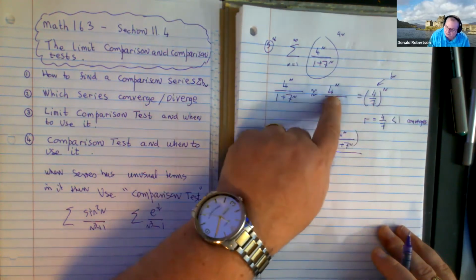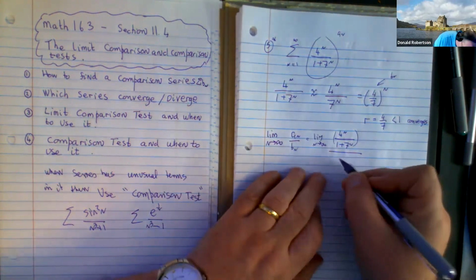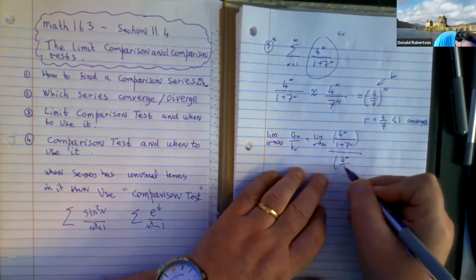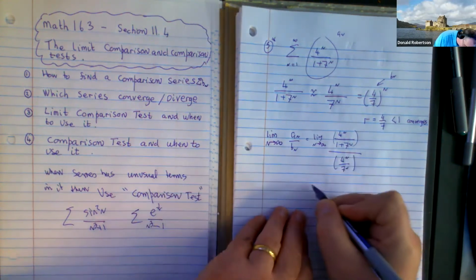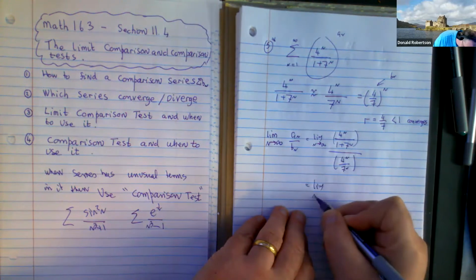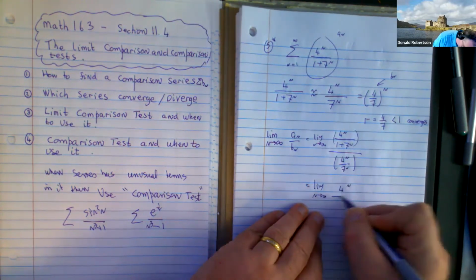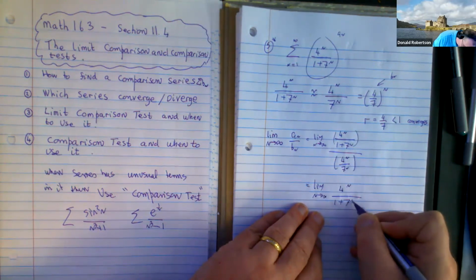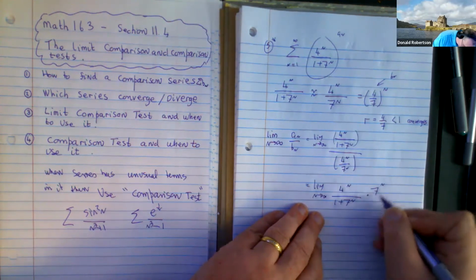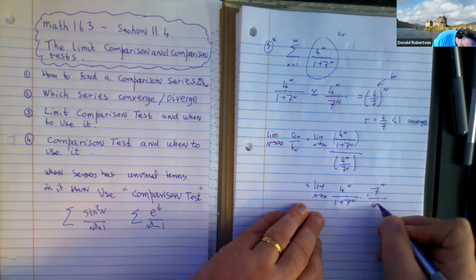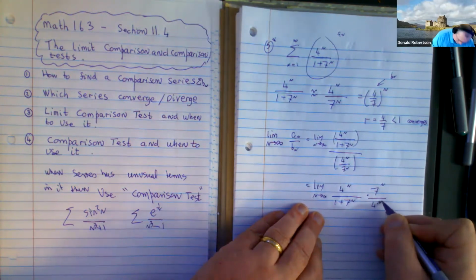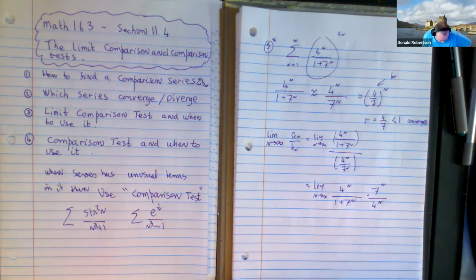Not the combined version, but the separated version. So I'm going to call it 4 to the n over 7 to the n. And that means I can now turn them upside down. So it's going to be that guy times 7 to the n over 4 to the n. So far, so good.